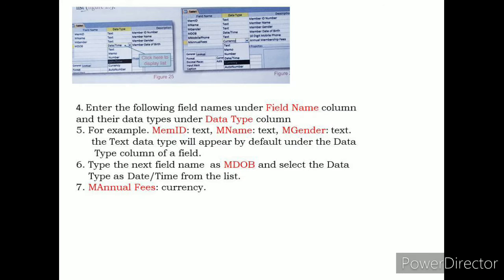You can select whatever data type is required according to the field name. In the next step, just for example, type the next field name as member date of birth. In short, we have written MDOB, and select the data type as date and time from the list. In the 7th step, next field, that is member annual fee, we have selected the data type as currency.